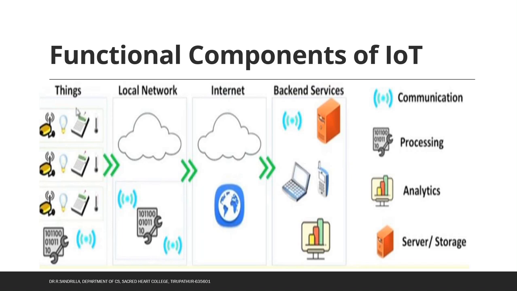These components enable the devices to interact with their surroundings, communicate with other devices or systems, and provide data and functionality. Next comes the local network, which is often referred to as a local area network, LAN.